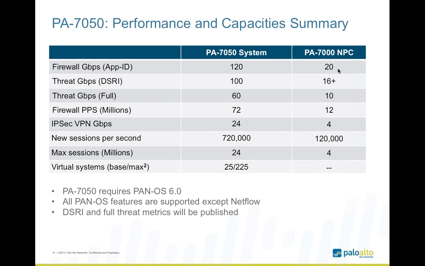You don't need to tear down your network, you don't need to do a forklift upgrade when your performance requirements increase. You can just utilize the same system and then basically invest on new requirements when time comes. And the NPC cards you can insert when the system is functioning.